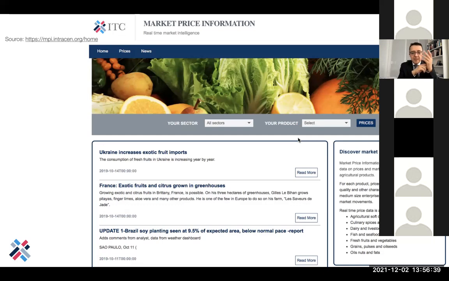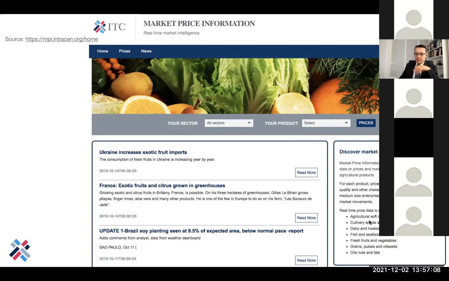When it comes to oranges and many of these agricultural products, ITC has put in place this MPI tool, which is the Market Price Information Tool. It is really useful because it accesses different sources of information from different parts of the world for specific products, typically agricultural and commodities, even purely agricultural most of the time.